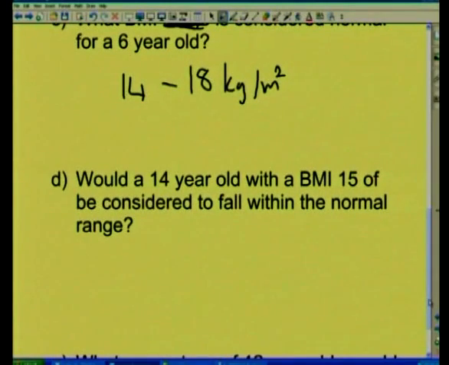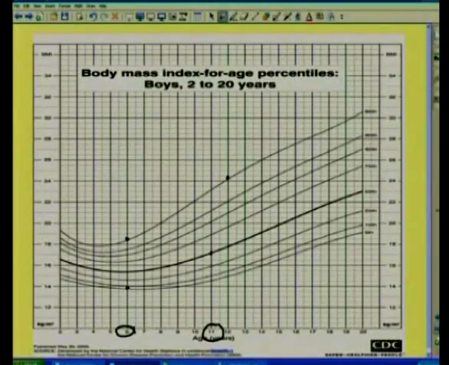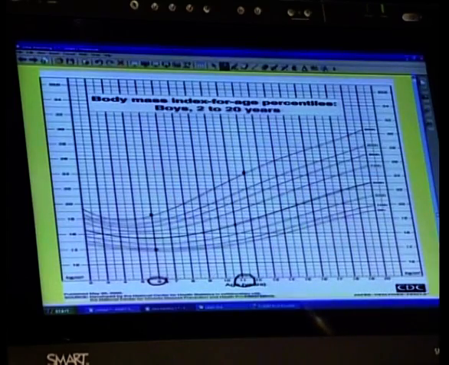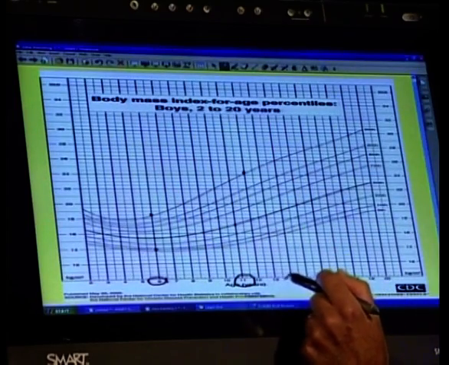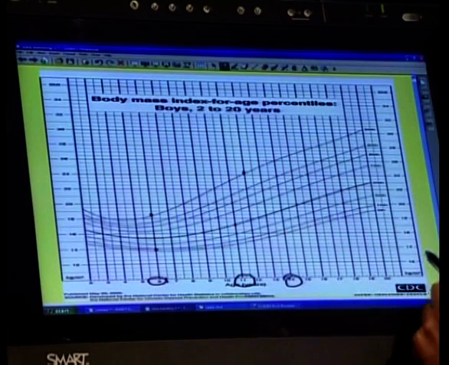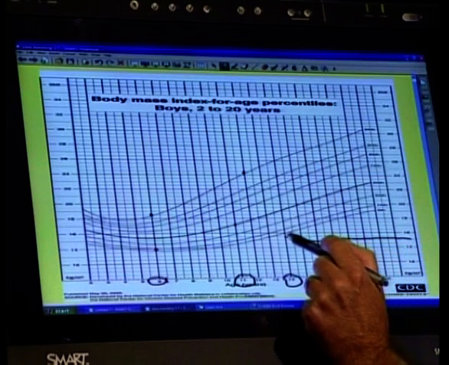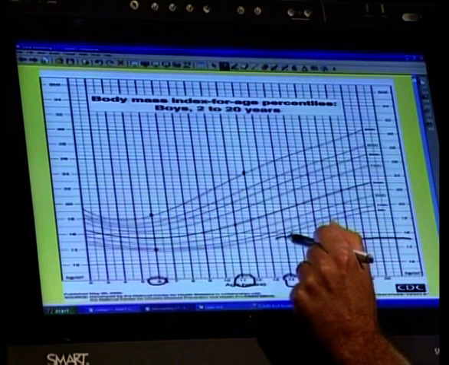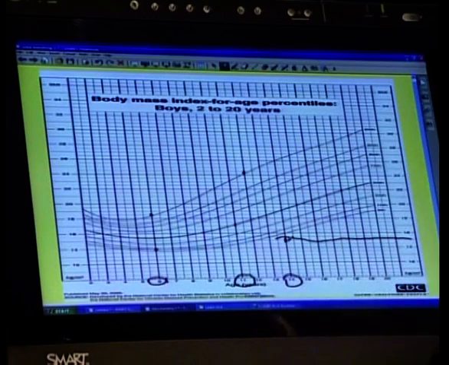Question D says, would a 14-year-old with a BMI of 15 be considered to fall within the normal range? Well, let's go and see where he falls. 14 years of age, he's got a BMI of 15, that's here. So for the 14-year-old, that's this point over here.